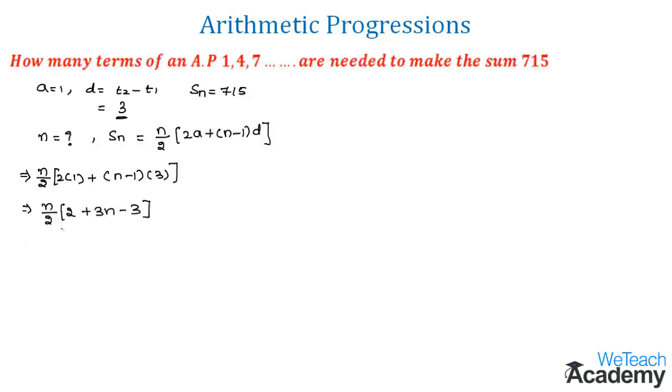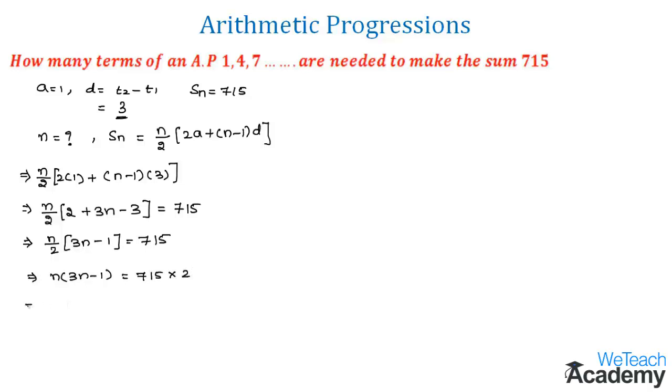According to the given question, the sum of n terms is given as 715. So let us equate this with 715. And in the next step, this can be written as n divided by 2 into 3n, and here 2 minus 3 would come as minus 1, is equal to 715. Now let us cross multiply here. So this would come as n into 3n minus 1 is equal to 715 into 2.